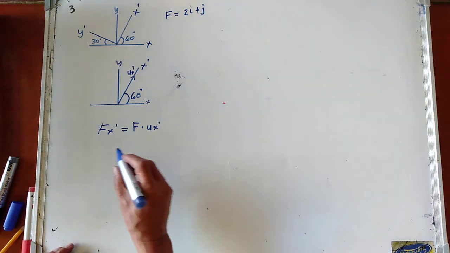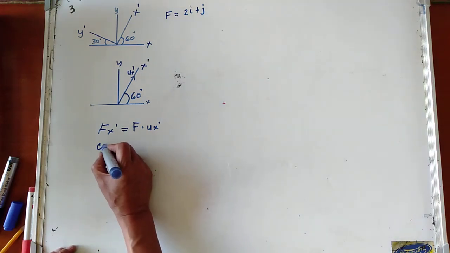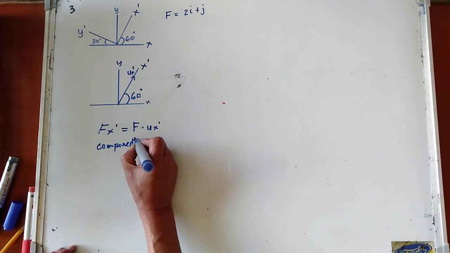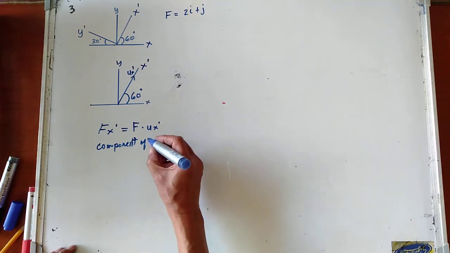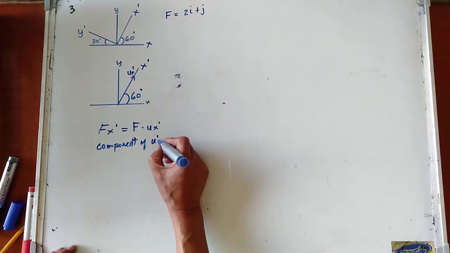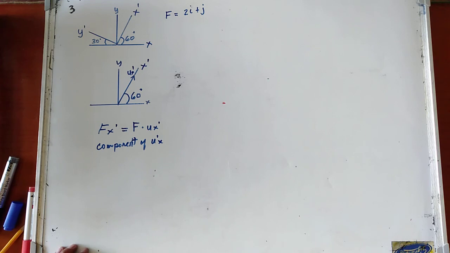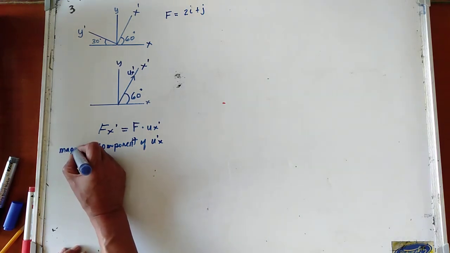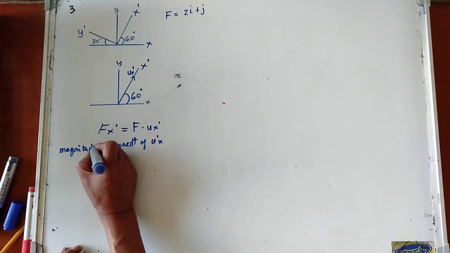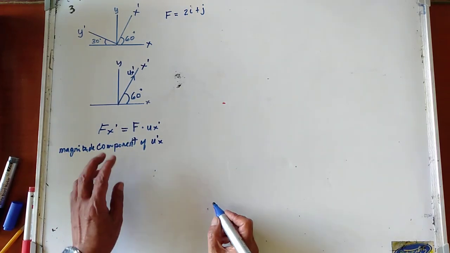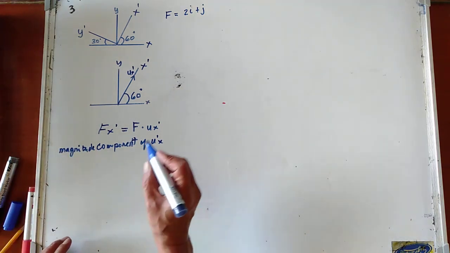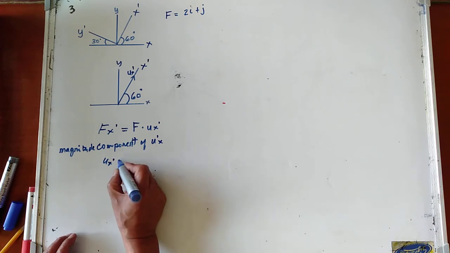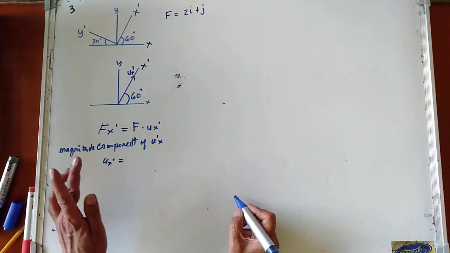First, let's determine the components of this unit vector u x prime. The magnitude of the unit vector x prime is equal to 1, since this is a unit vector.